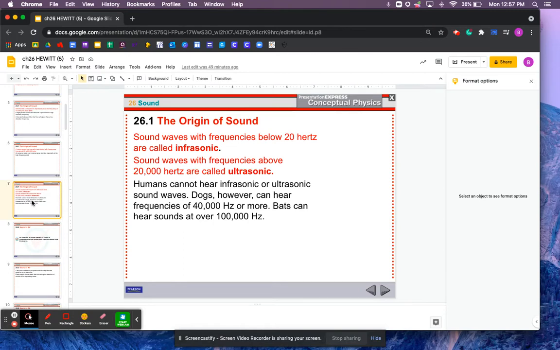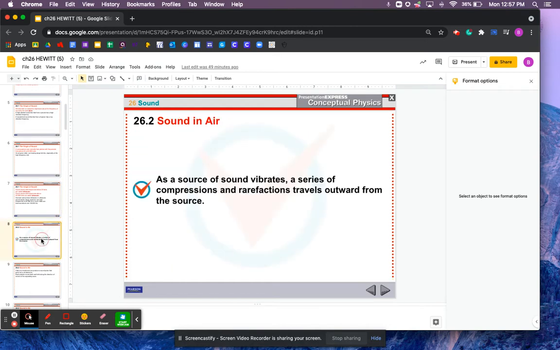Ultra means greater than, so greater than 20,000 hertz. Humans cannot hear infrasonic or ultrasonic waves. Dogs, however, can hear frequencies of 40,000 hertz or more, meaning they can hear ultrasonic waves. Bats can hear sounds over 100,000 hertz, meaning they have super ultrasonic hearing. They can hear all types of noises.